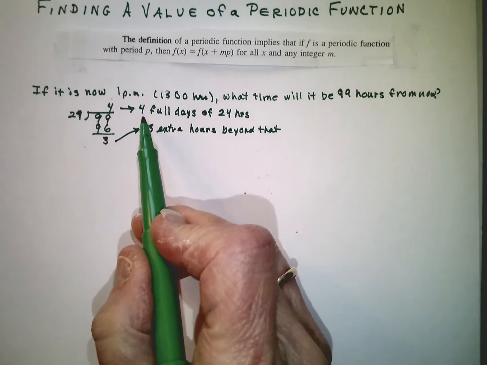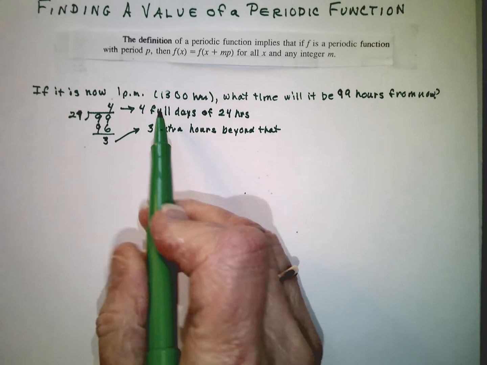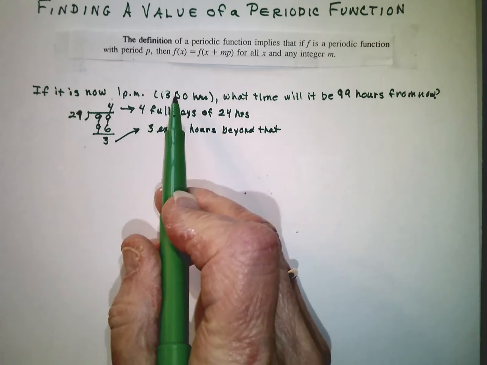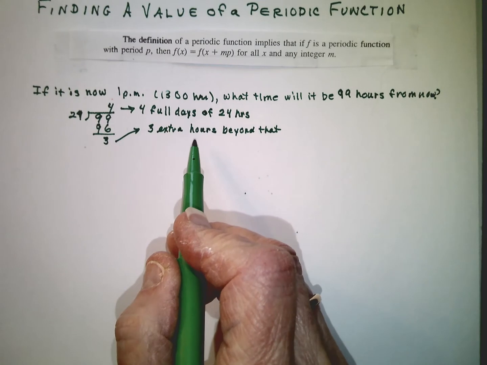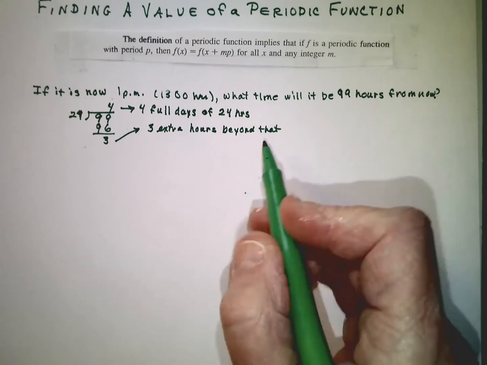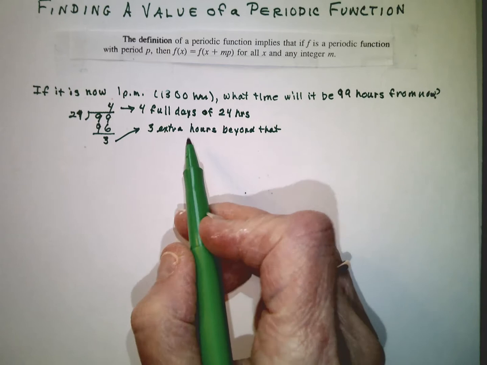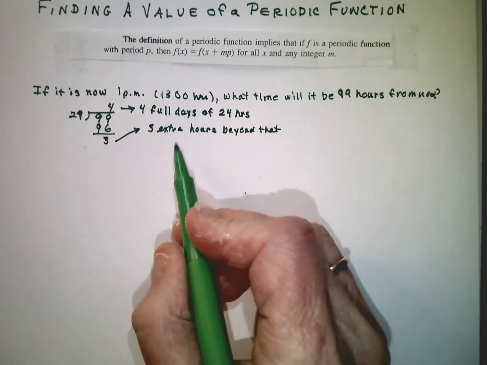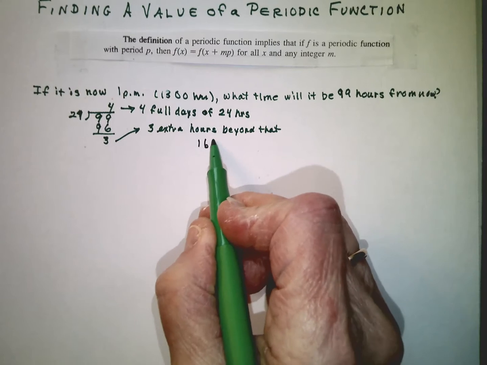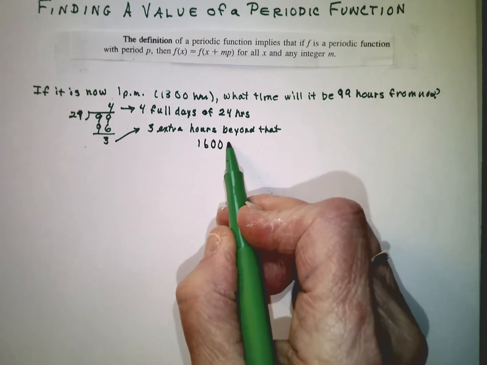So this would take us 4 days from now at 1 p.m., 1300 hours, and we've got another 3 extra hours past that. So 100 hours from now, we would be at 1600 hours, or in civilian time, 4 p.m.